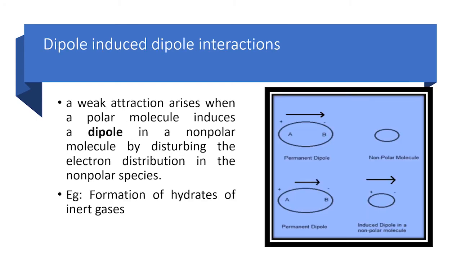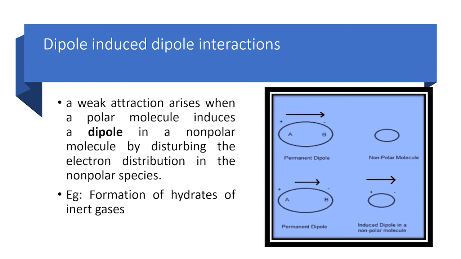The next type is called the dipole-induced dipole interaction. This is just similar to the ion-induced dipole interaction we discussed just now. The only difference is that in the ion-induced dipole interaction, an ion is inducing the dipole moment, whereas here a polar molecule or a dipole itself is inducing a dipole moment in a non-polar species.